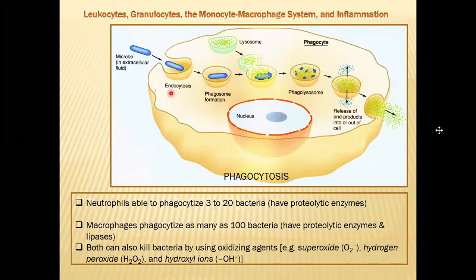By way of phagocytosis, it's engulfed by the phagocytic cell and goes inside the cytoplasm of the cell. In the cytoplasm, it forms a phagosome. The bacteria or the microorganism is engulfed by this phagosome, forming a vacuole.